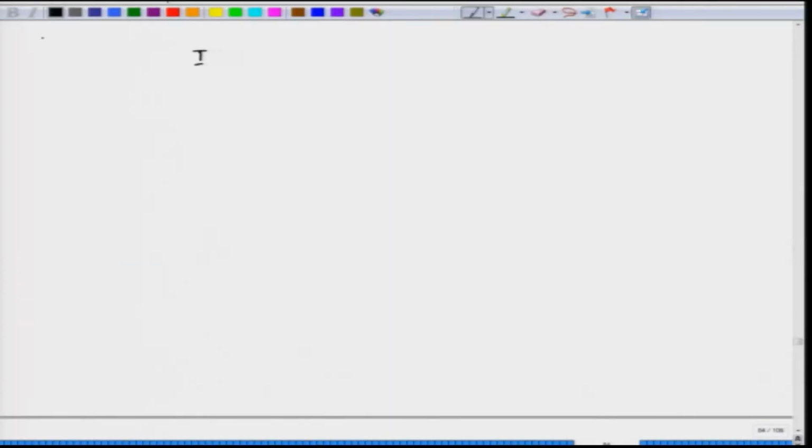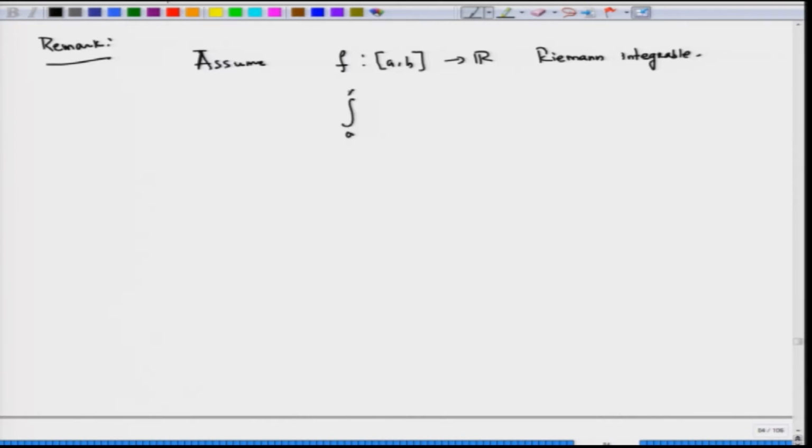So, let us see, if we assume f from [a, b] to R is Riemann integrable, then definitely for x in [a, b], the integral from a to x of f of t dt is well defined because f is Riemann integrable.